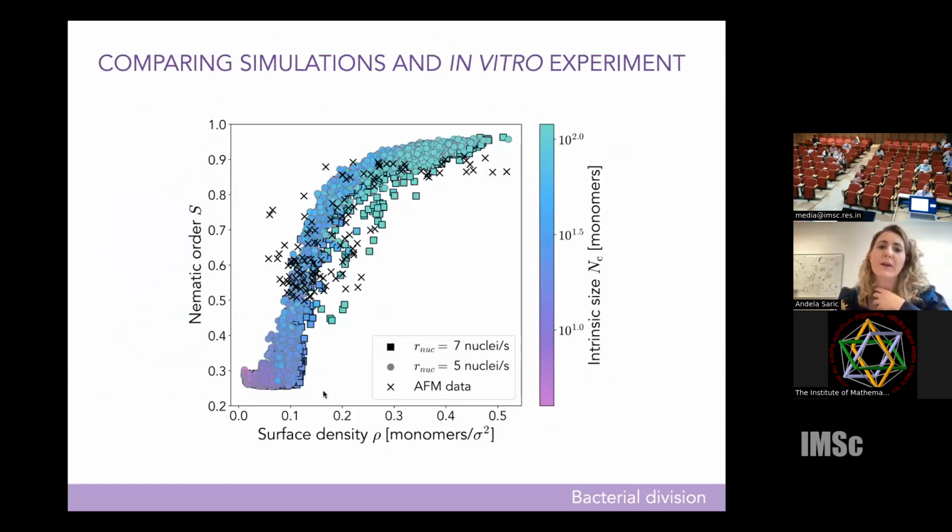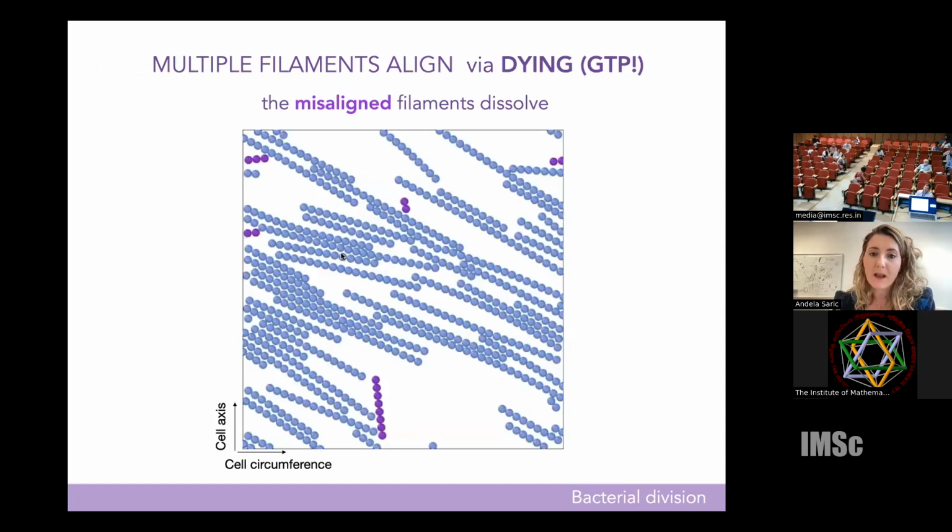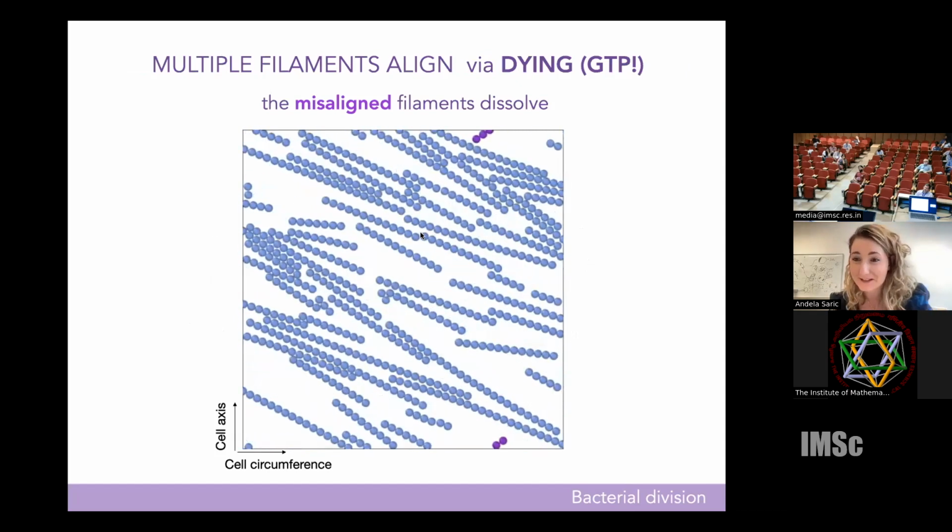If you measure nematic order in AFM, shown in these crosses, and compare to our simulations, in colors, the data fall onto the same curve, again without any fitting. So we really do get the same type of ordering in the in vitro experiment and in simulation, and we can tell why. Again, it's not because the filaments are pushing, but it's actually quite a simple mechanism.